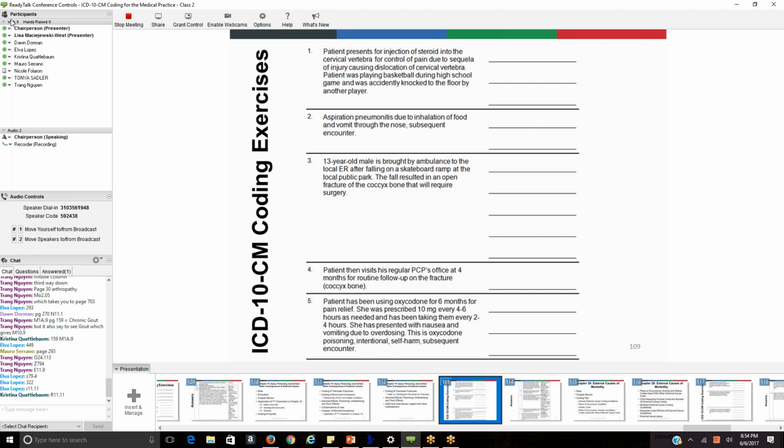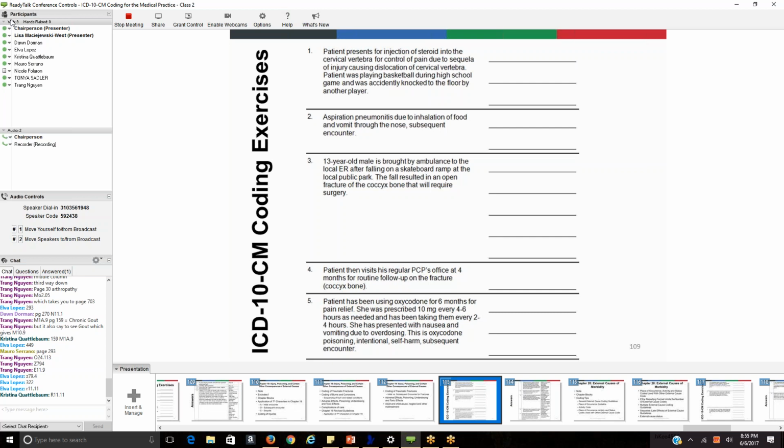Now, the next thing that we need to do is figure out where the fall took place. So if we go now back to chapter 20, the place, how the injury or health condition happened, or the cause. The cause was a fall on the skateboard ramp. So from there, we're going to go to the index, but we have to go to the external cause index.